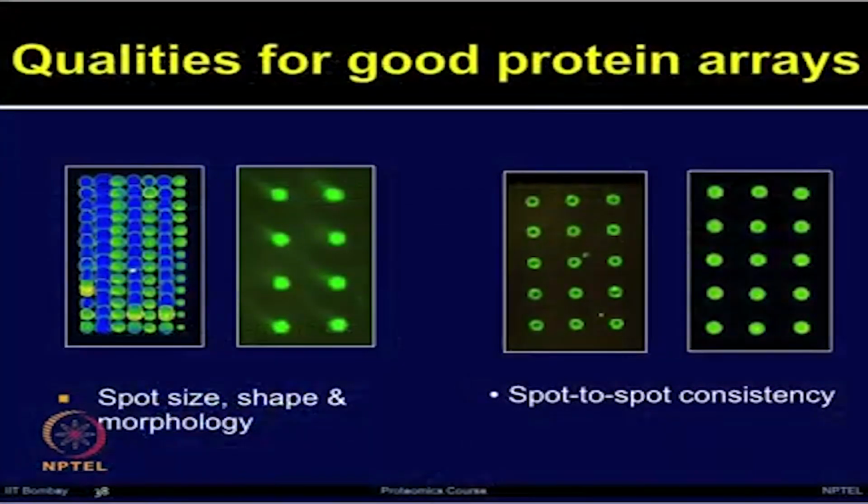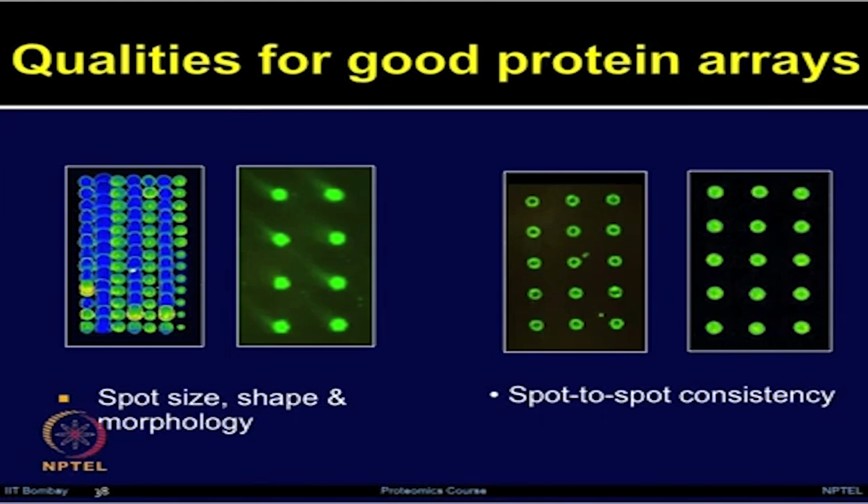As shown here, one can actually encounter different types of problems while printing these arrays. Shown on the left is spot size, shape and morphology. Shown on the right is spot to spot consistency, and many times these types of printing issues do come while performing these high throughput experiments.